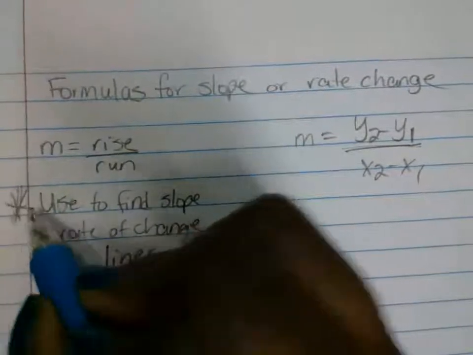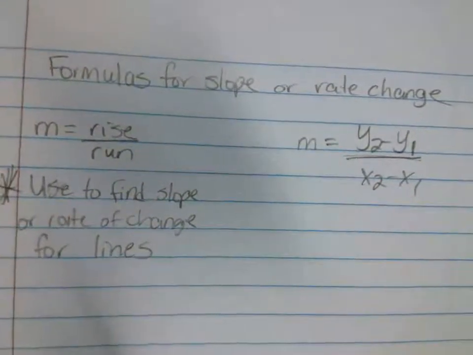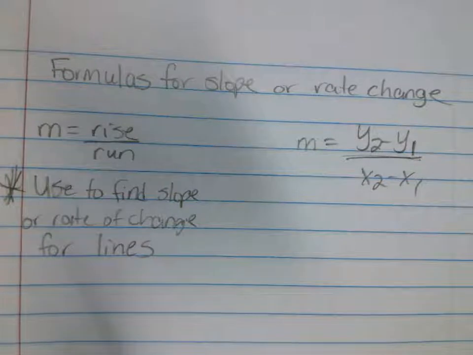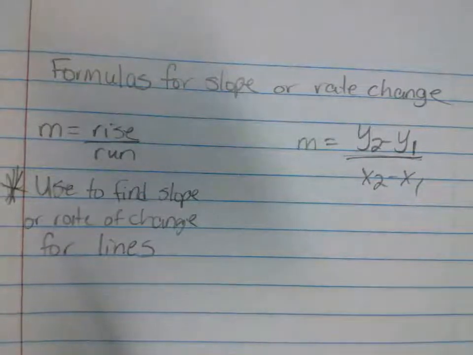Used to find the slope or rate of change for lines. So if they give you a line, ask you to find the slope or rate of change of that line, this is when you use rise over run. And I'm going to give you an example.